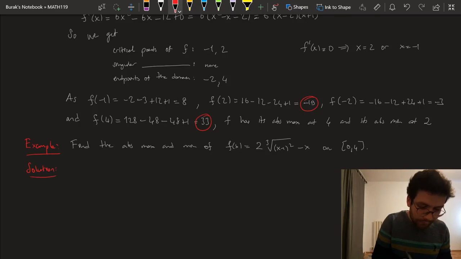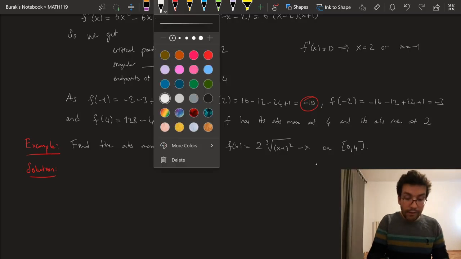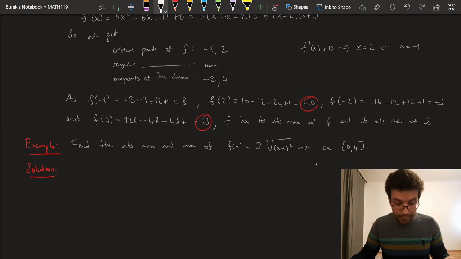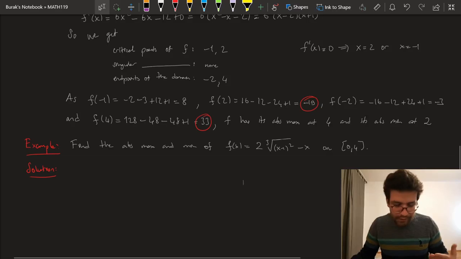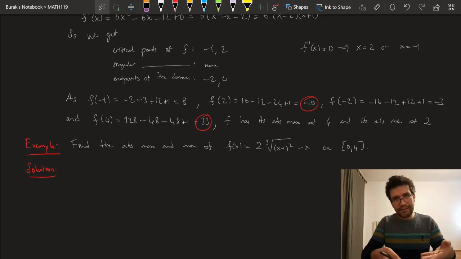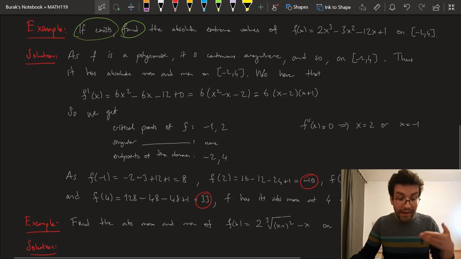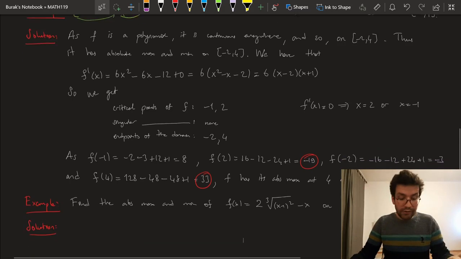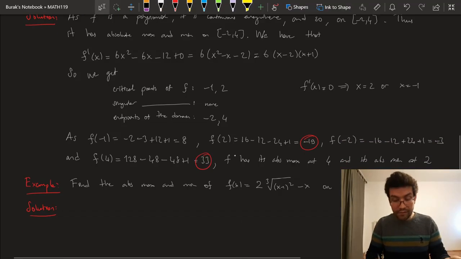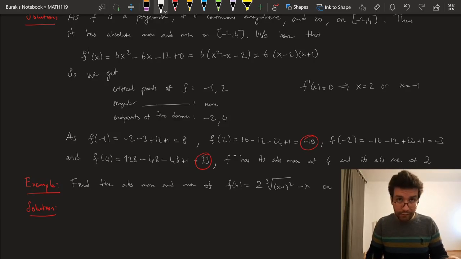Now, as I said, because I didn't ask this time, you don't have to prove that the absolute minimum and absolute maximum do exist. But if I had asked about that, you would say, okay, this is a continuous function on this domain, and this is a closed and bounded domain, so it does have absolute maximum and absolute minimum.